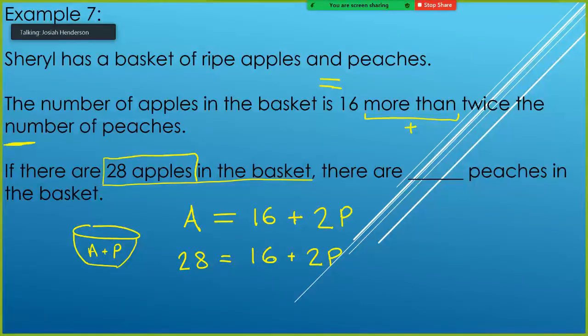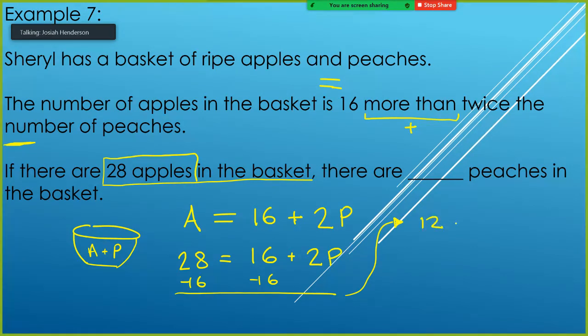So farther away, what's happening to the P? Well, 16 is being added and 2 is being multiplied. So we're going to have to undo both of those. We're going to minus 16 and divide by 2. Farther away is the 16, so start with the farther away and then work closer to the variable P. So this is 12, so 28 minus 16.